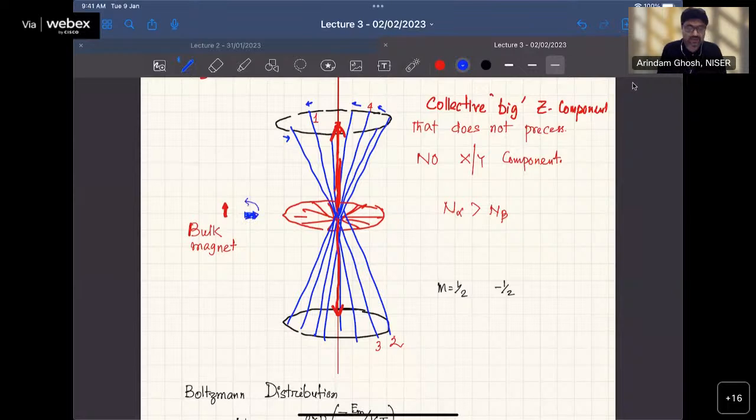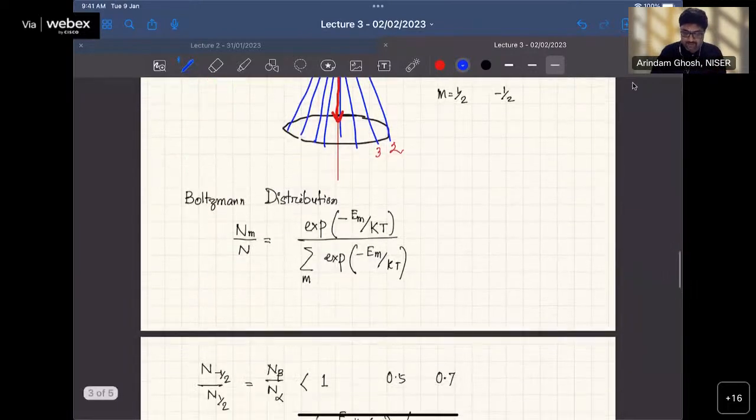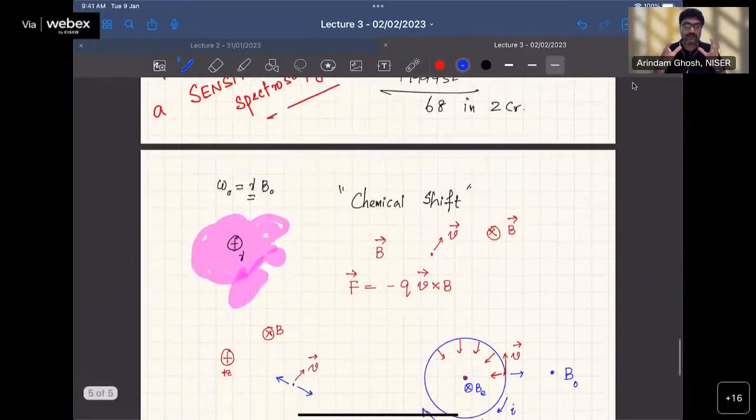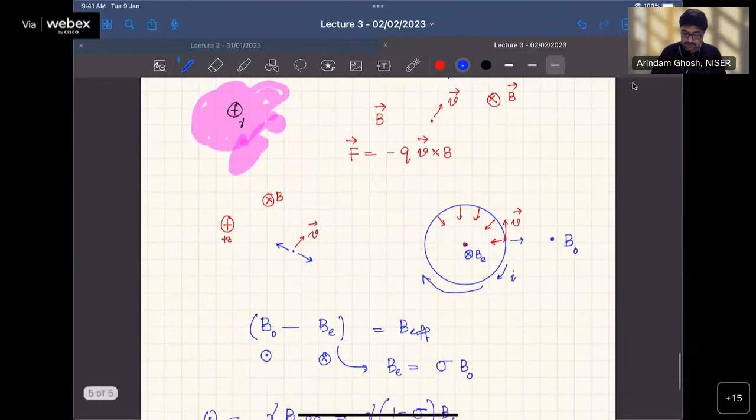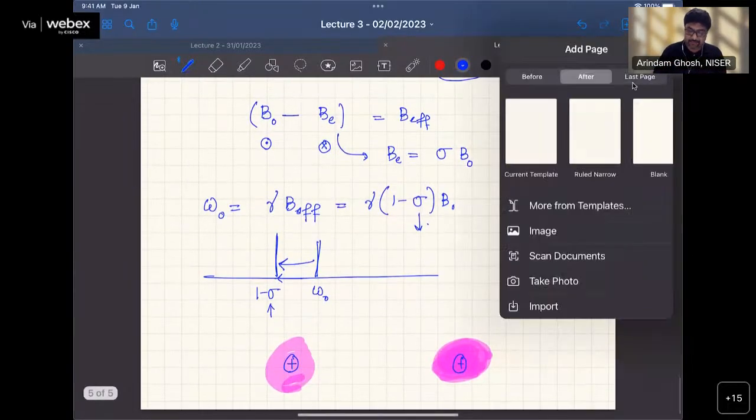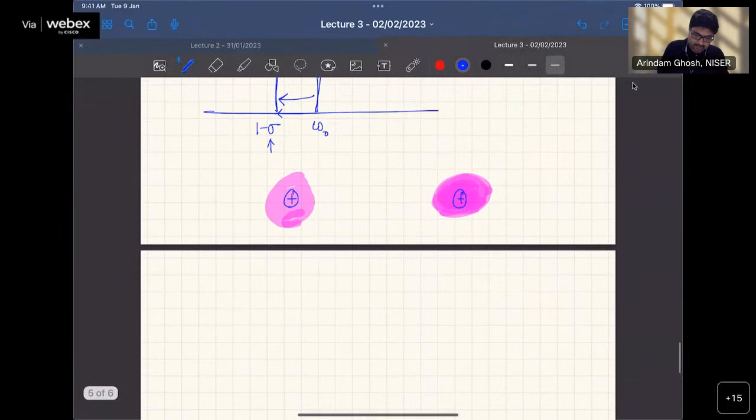It will start rotating again, and then I can measure it, and that is exactly what is done. This rotation of the bulk magnet from the Z axis to the XY plane, so that we can measure it, is done by radio frequency pulsing. That is why we give radio frequency pulsing.